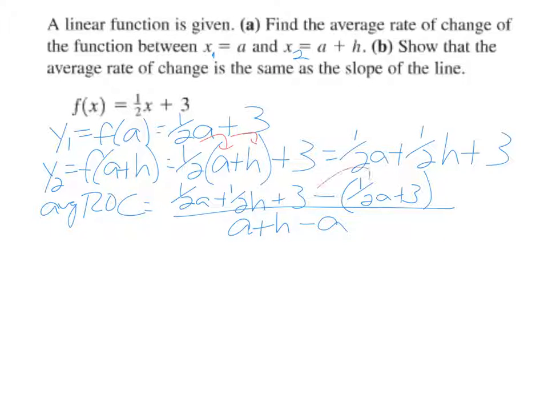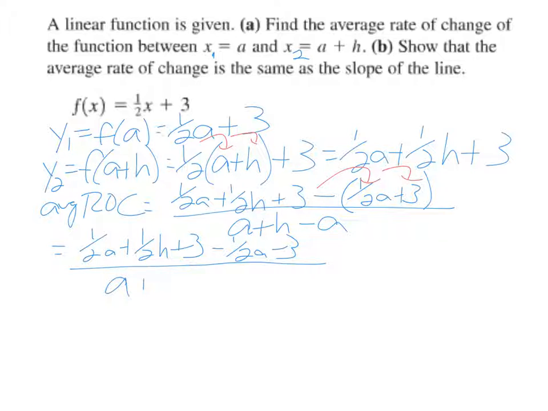Let's distribute the negative. So on top I have 1/2 a plus 1/2 h plus 3 minus 1/2 a minus 3. The bottom is a plus h minus a.